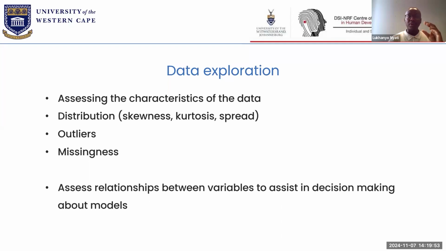And it is really about assessing the characteristics of the data. You'd assess the distribution of the data, you'd assess outliers, and for assessing distribution, you may use histograms, which will tell you about the skewness and the kurtosis of the data, as well as the spread.